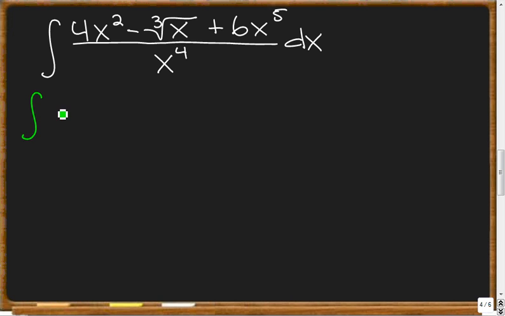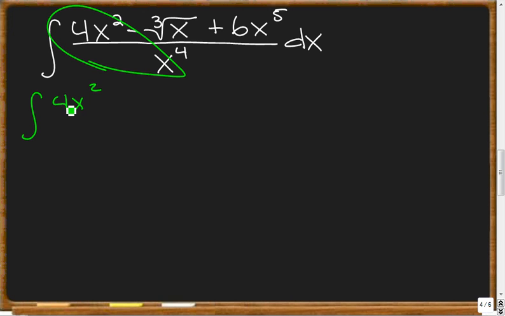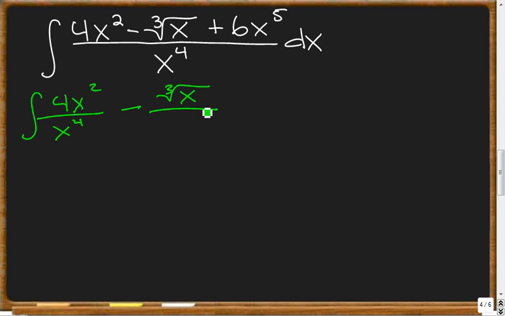So I can think of this as the integral of 4x squared over x to the 4th, minus the cube root of x over x to the 4th. And to save some time, I'm going to call this x to the 1/3.